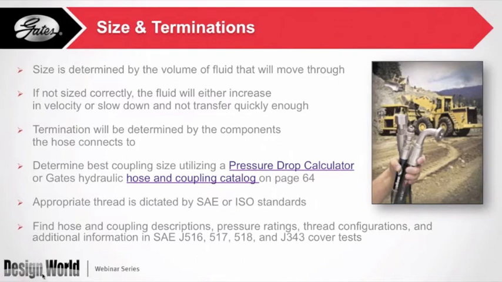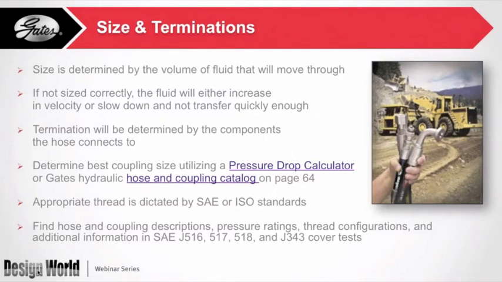That's going to tell you, for a length of hose with X number of couplings, whether they be 90 straight or 45-degree couplings, what your pressure drop is going to be across that hose so that you can maintain the appropriate delivery and velocities of that fluid going through the hose. And then, of course, you can also consult a nomographic chart, be it a suction or pressure line, that will tell you what your velocities are going to be should you need to change a size up or down, and you can keep your velocities in a safe area.